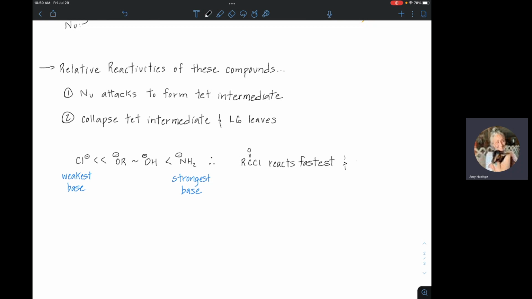And the amides, we'll just use hydrogens here, but they can be R groups, will react the slowest.